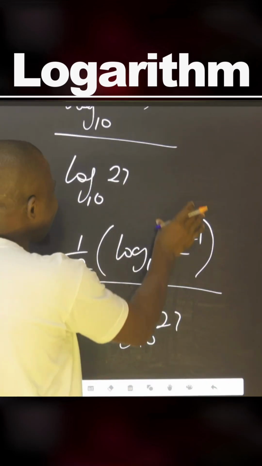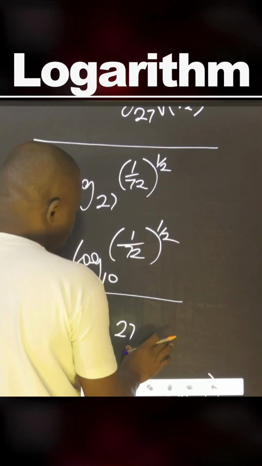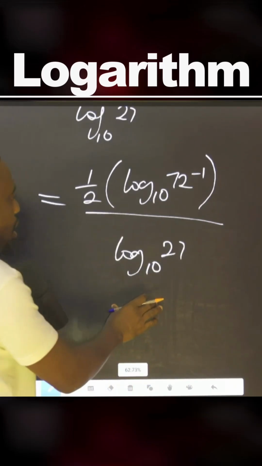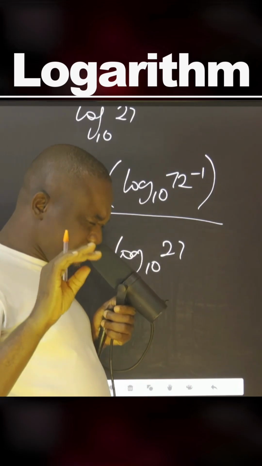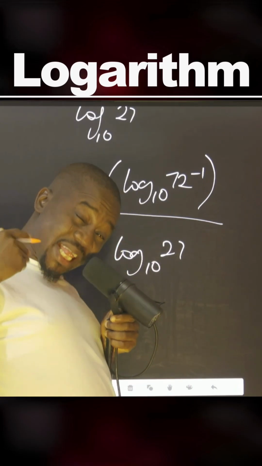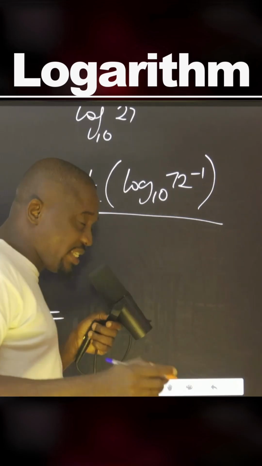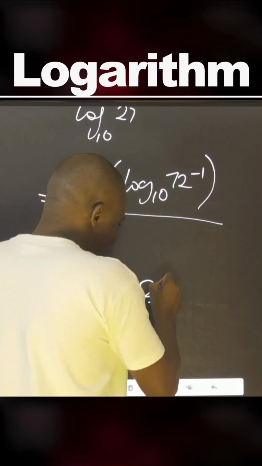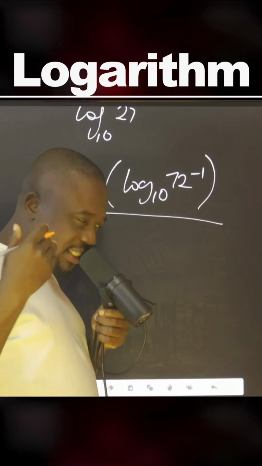You must put that at the back of your mind. That is what we are going to. So, what is this in terms of 2 and 3? Start thinking. This one, for instance, you agree with me, is 3 times 3 times 3. That is 3 raised to power 3.